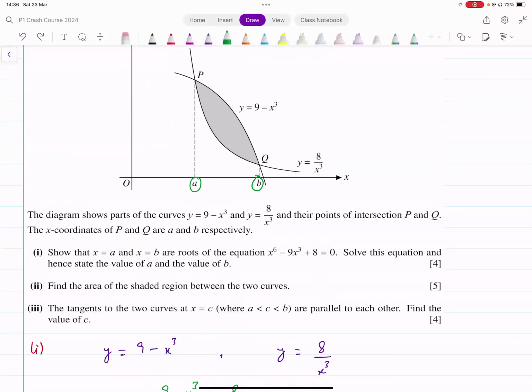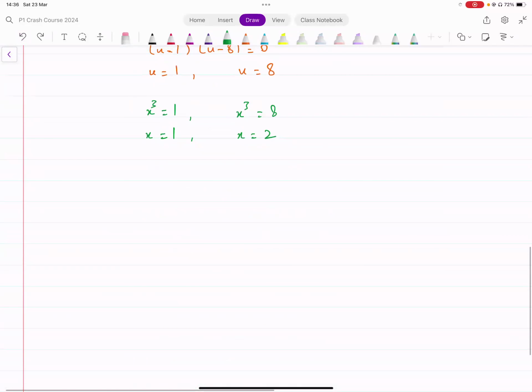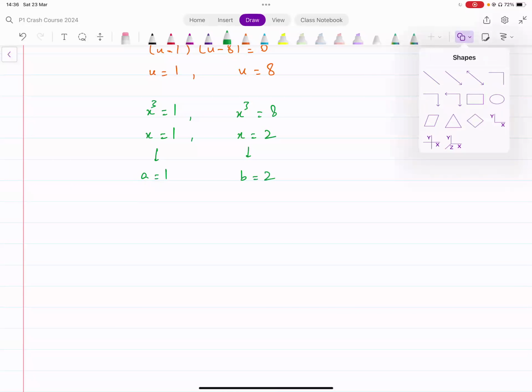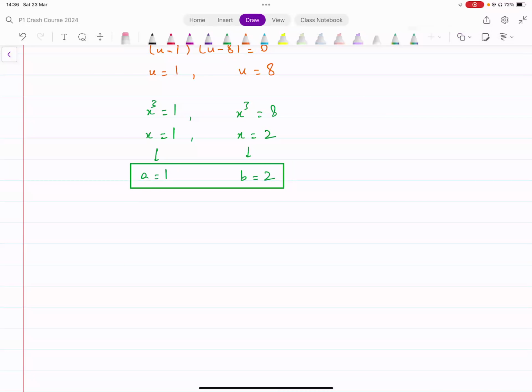So this means a equals 1 and b equals 2. You have to write the values of a and b like this. That's what we had to do in the first part. We have found the values of a and b. All right? No problems?